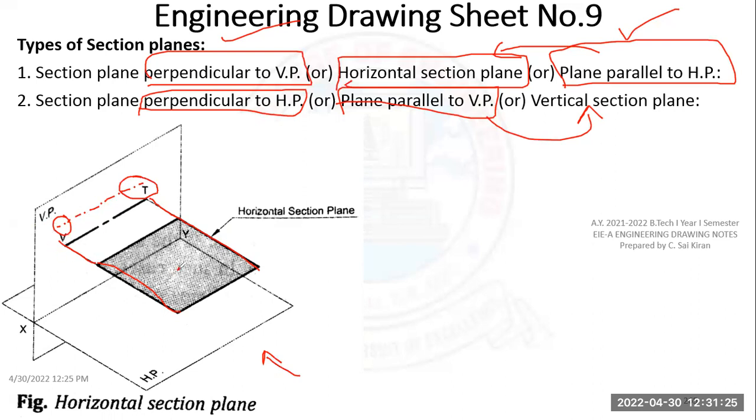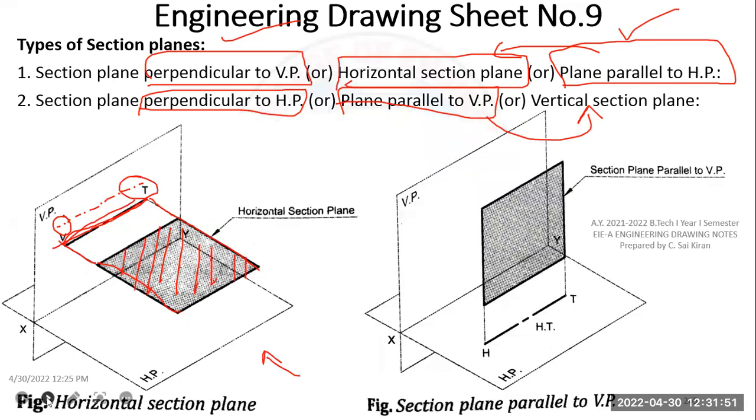For the horizontal section plane, it is perpendicular to VP, and you can just see a line, so a line on VP, and a complete cut section. So here will be the hatched portion. Wherever it is cutting, you have to draw the hatched portion, and with respect to this hatched portion, you draw the cutting line. This is my cutting line, and this is my hatched portion.